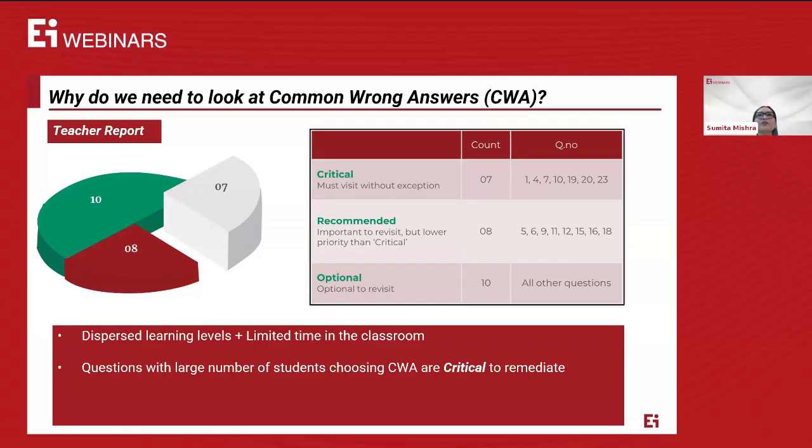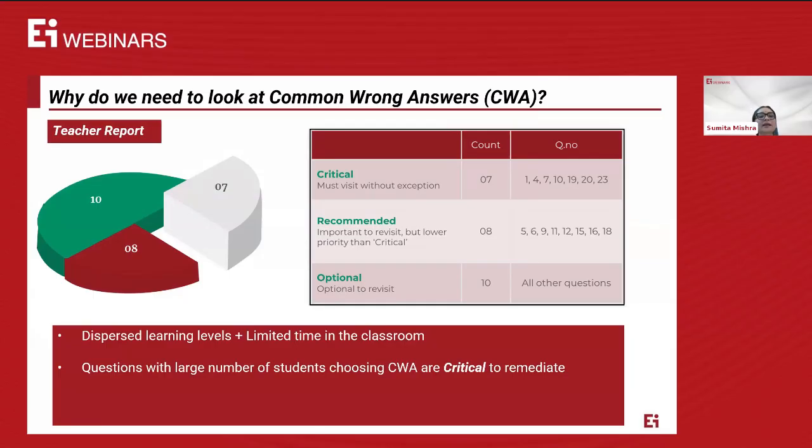So this kind of juxtaposition of student-level insight along with teacher prioritization that comes through reports like these from CARES can help us give a very targeted roadmap for remediation and also fit within the constraints of classroom teaching or completing the syllabus on time.